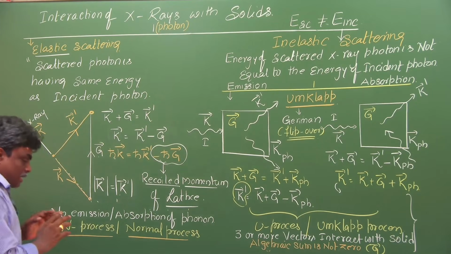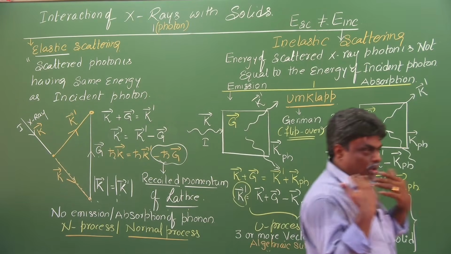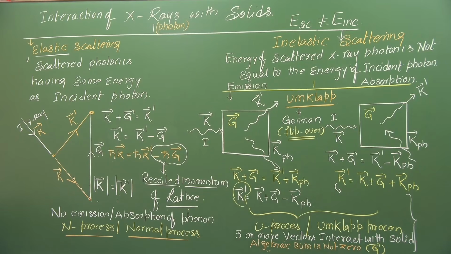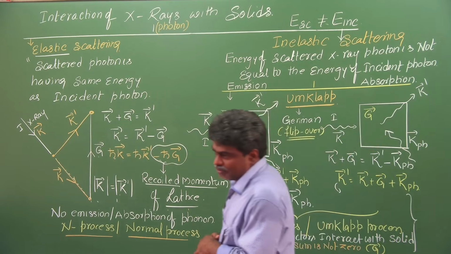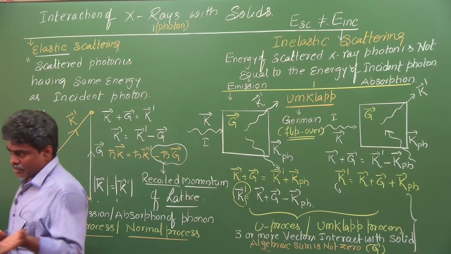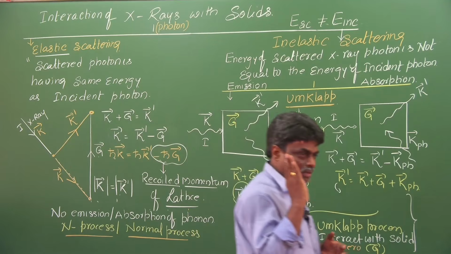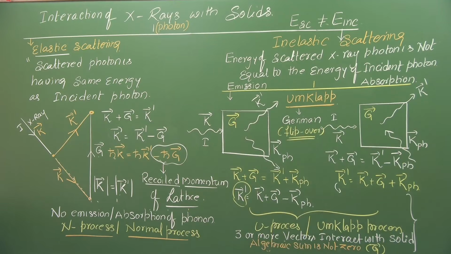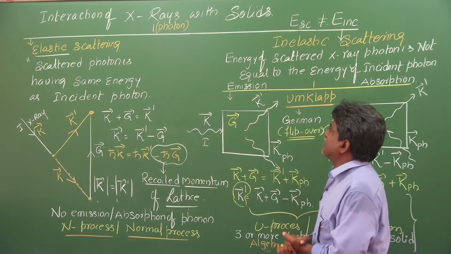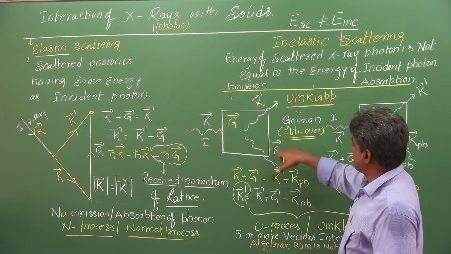So I hope you understand today what is a phonon. Actually what I have discussed for the last 1 hour, I think about phonon only. That means what are the characteristics of phonon and what is the experimental evidence. First one we didn't explain, maybe tomorrow we'll start Einstein model, Debye model, Dulong-Petit model, everything we will discuss. But the second one I explained, that interaction of X-rays, how to confirm the existence of a phonon.